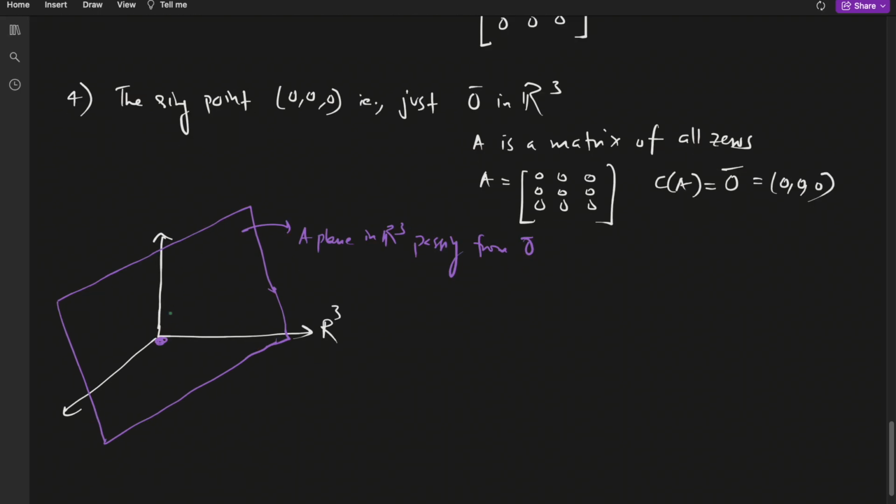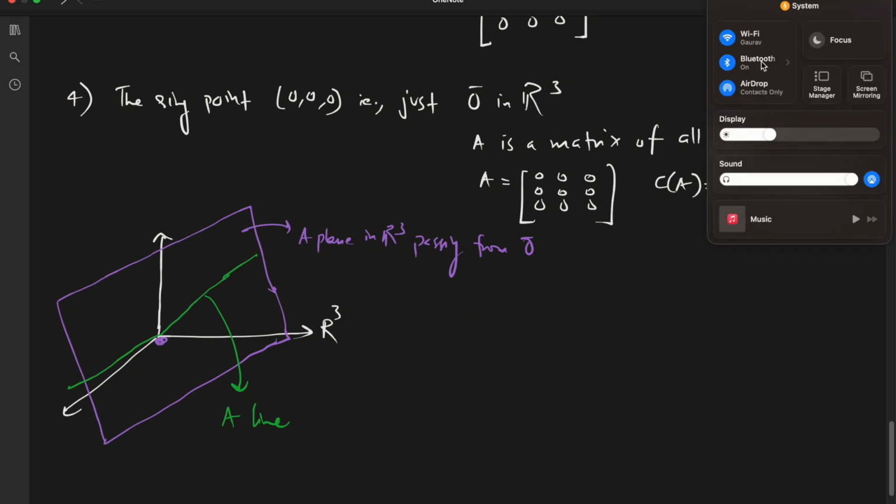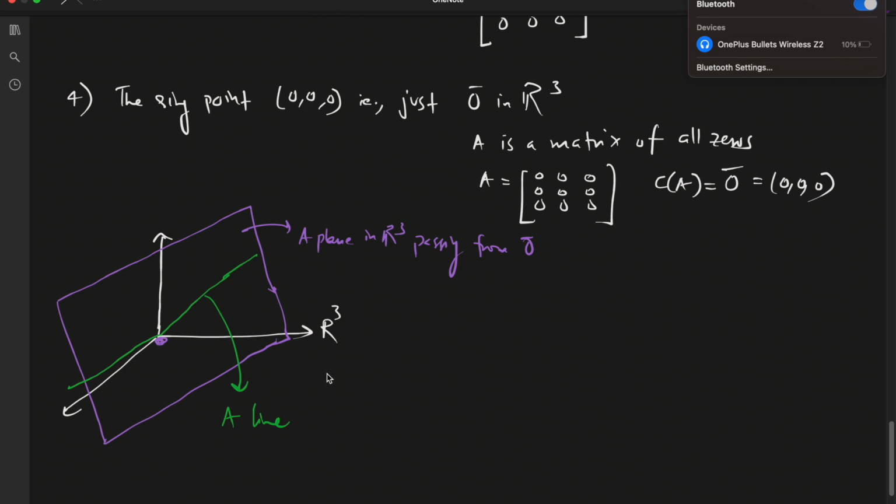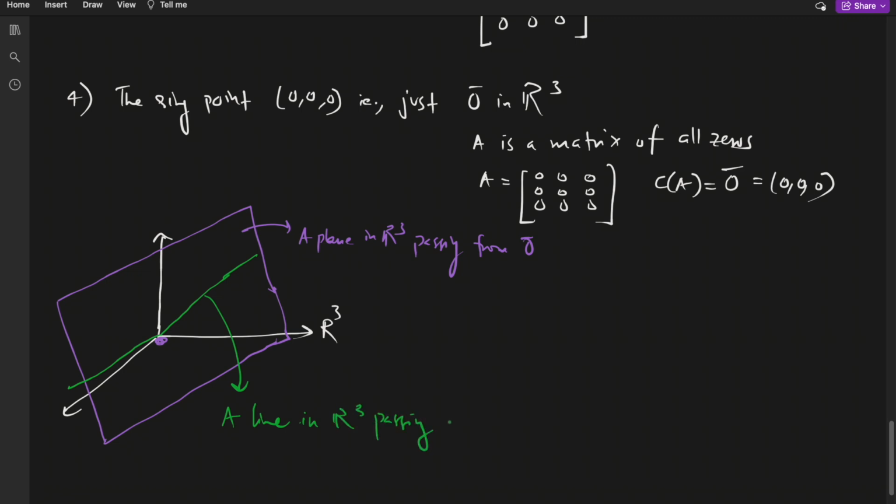The third one is a line. So maybe just this entire line passing through origin. Okay, so a line in R cube passing through the zero vector.